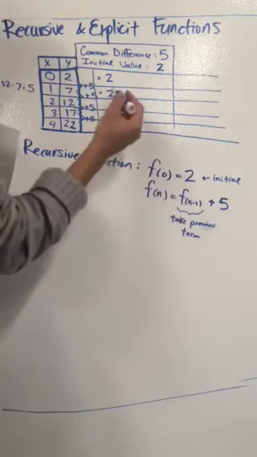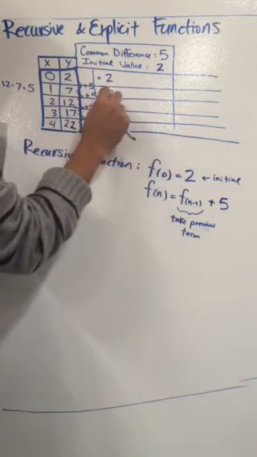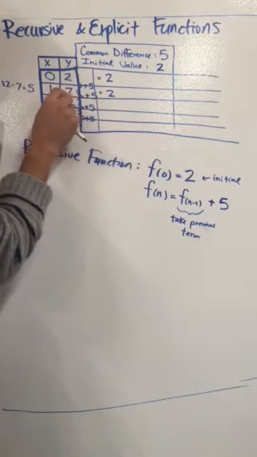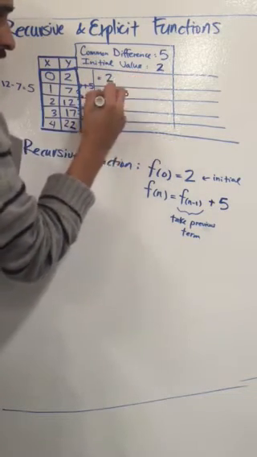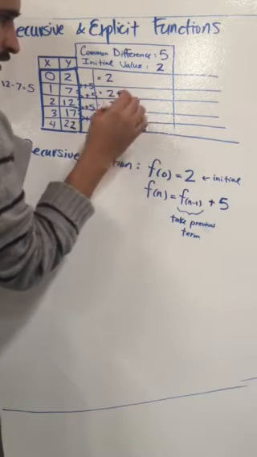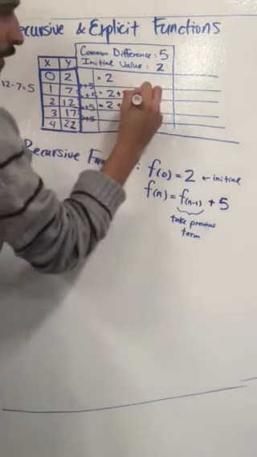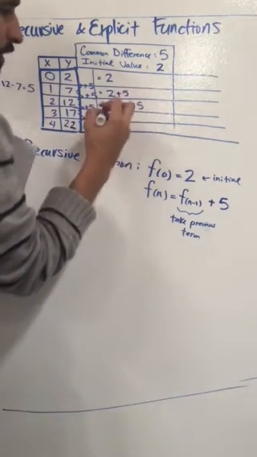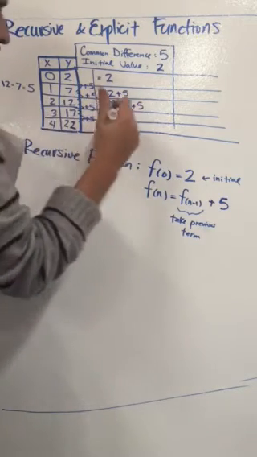If my pattern increases by 5, then if I start at 2, I'd have to add 5 to get to 7. 2 plus 5 is 7. Now, if I brought that down, 2 plus 5 is 7, and I ask, what did I do to get to 12? Well, I added 5. What about the next term to get to 17?